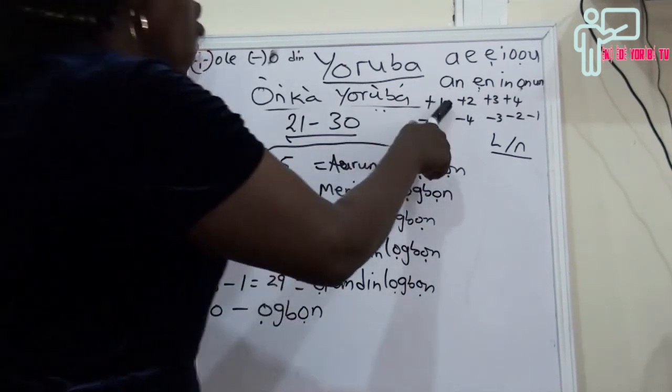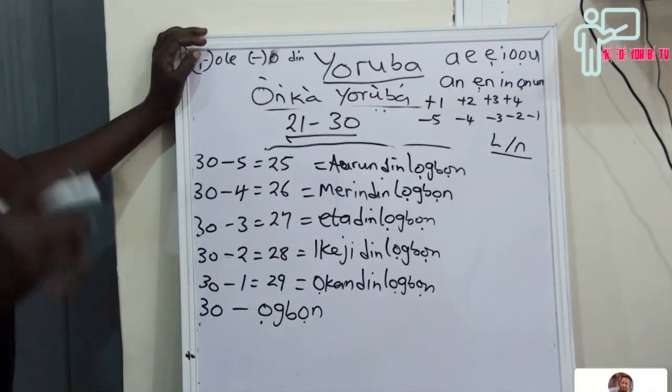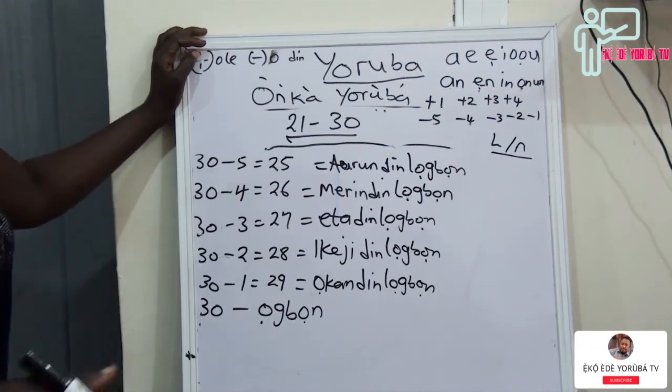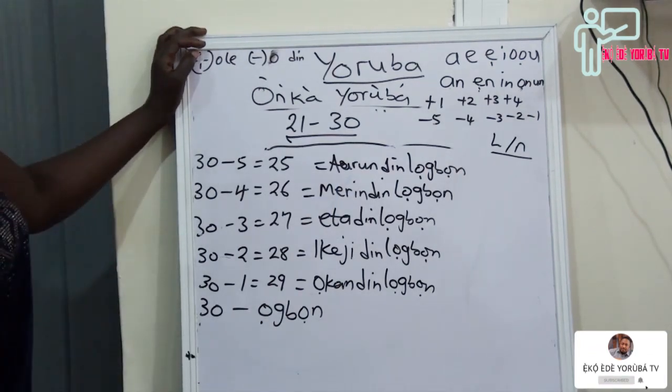I've told you it is plus 1, plus 2, plus 3, plus 4. 22 méjìlélógún, 23 mẹ́tàlélógún, 24 mẹ́rìnlélógún.